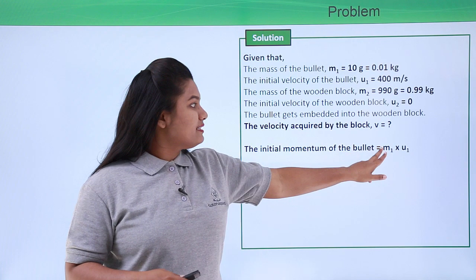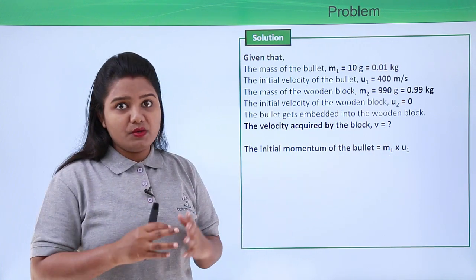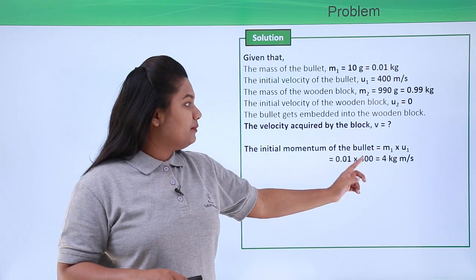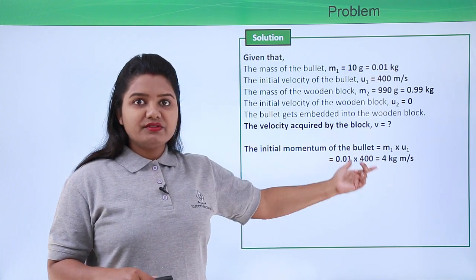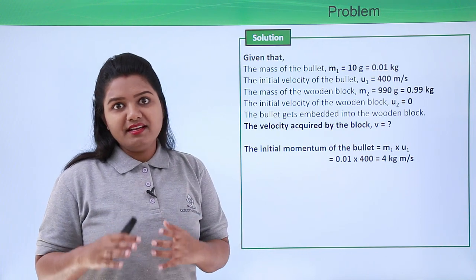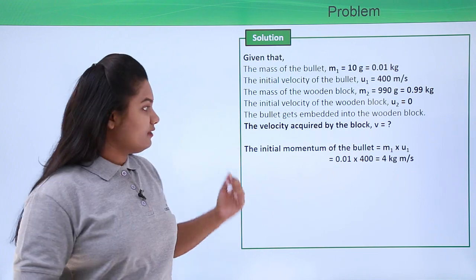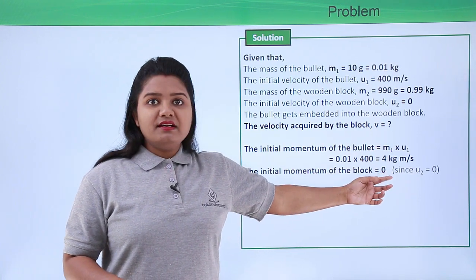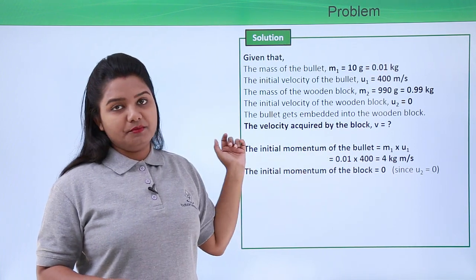This equals m1 into u1, the mass of the bullet multiplied by the initial velocity of the bullet. This yields 0.01 multiplied by 400, which gives 4 kg meters per second. Now the initial momentum of the block, as I said, is 0, because the block was at rest, or u2 of the block was 0.